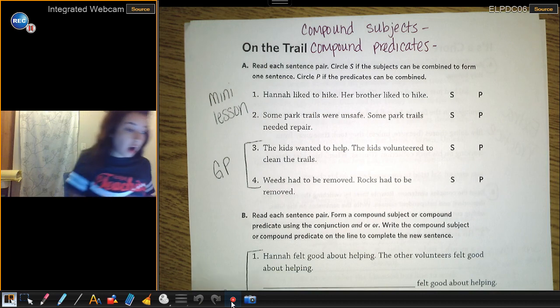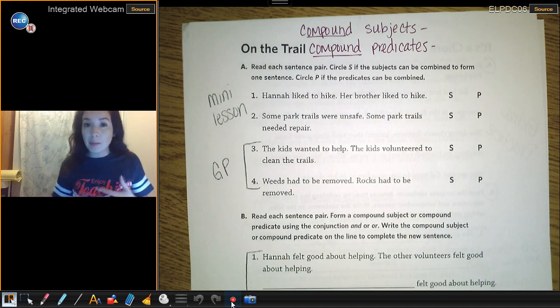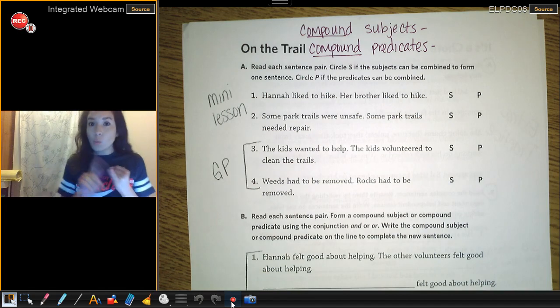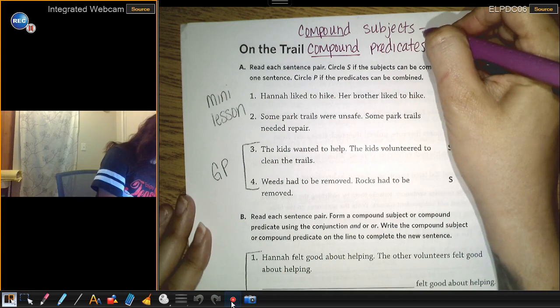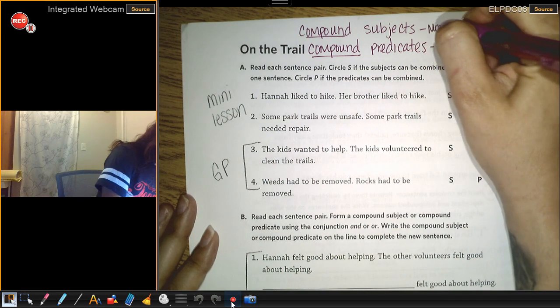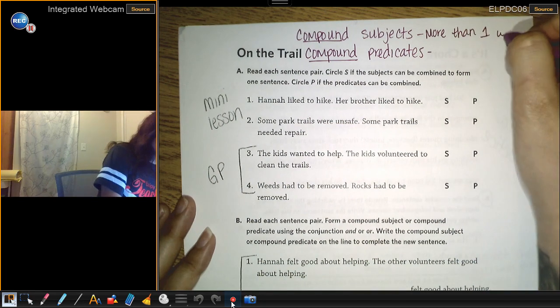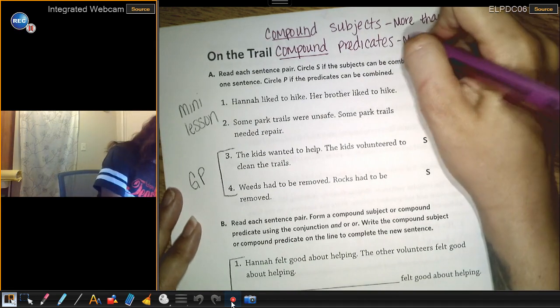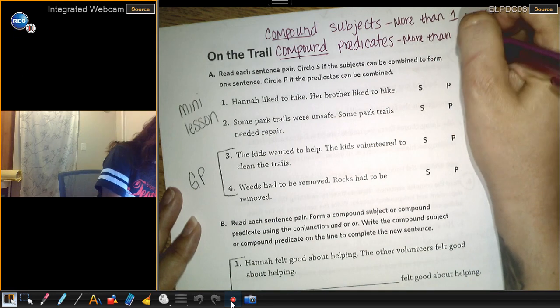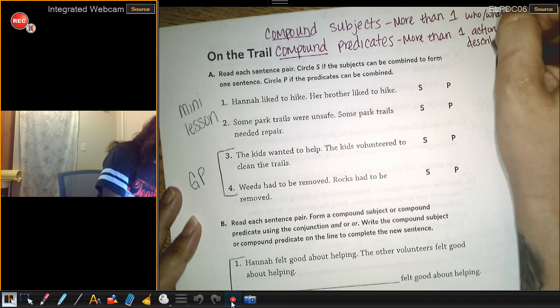So when we have compound, that means it could be two or more, maybe three, maybe it's listing three subjects doing an action. Maybe it's one subject doing more than one action. So in a compound subject, there is more than one who or what. In a predicate, there's more than one action or describing part.